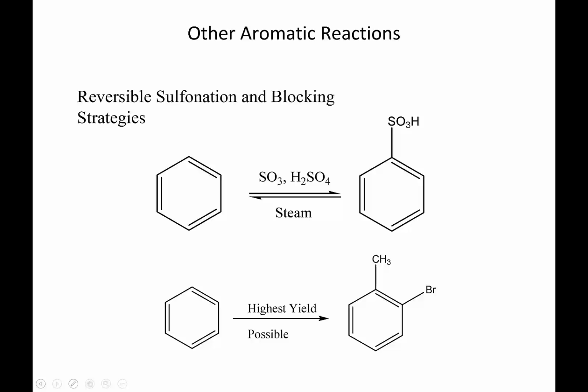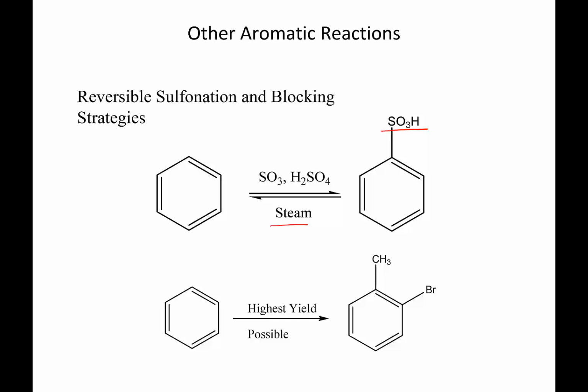What we need to remember is that when I use SO3 and H2SO4 to put an SO3H group onto the benzene ring, I can take that SO3H group off by using steam.